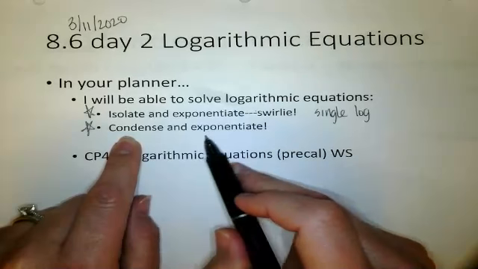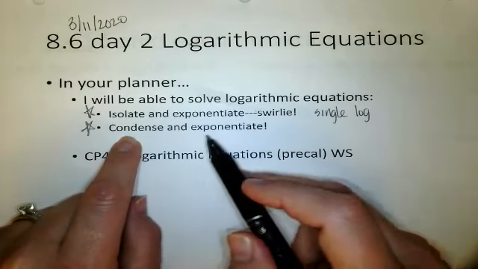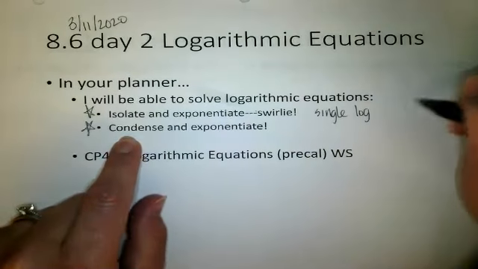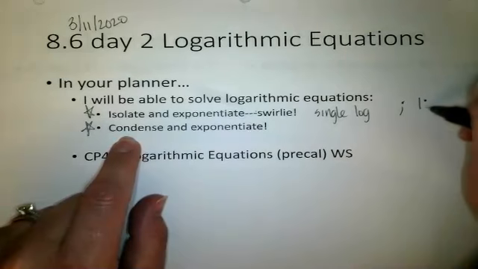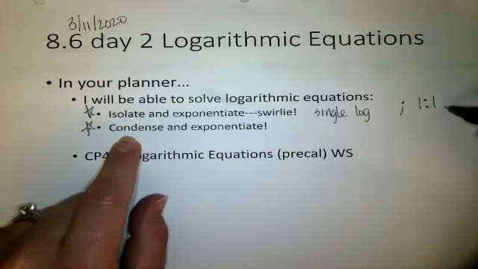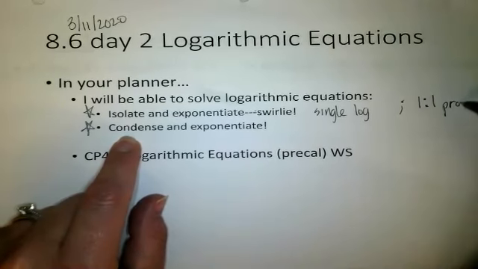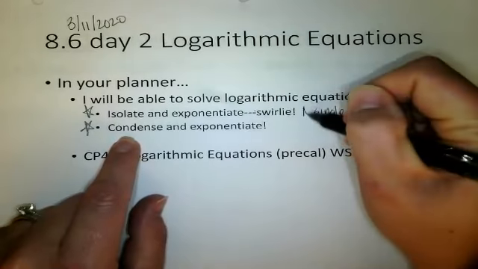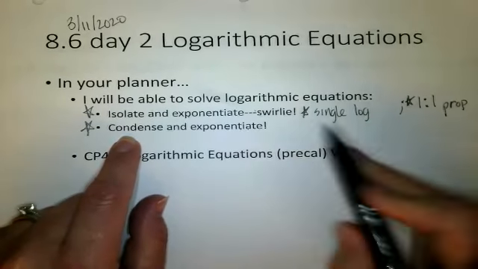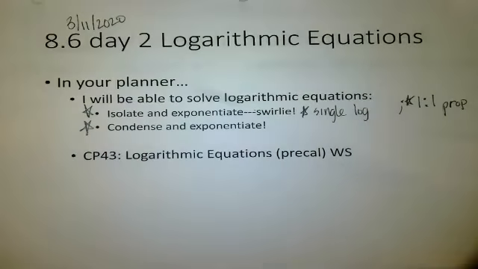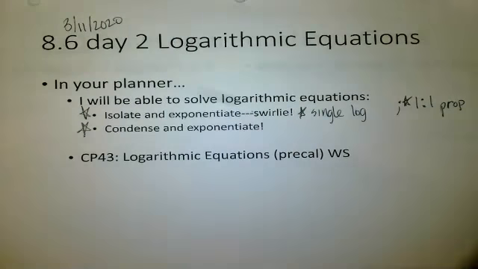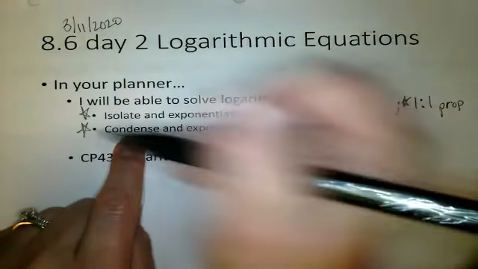The other was the one-to-one property, where if you had a log equal to a log, that was easy to solve. Today, we might have to condense.